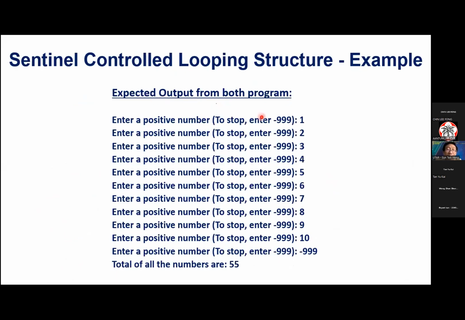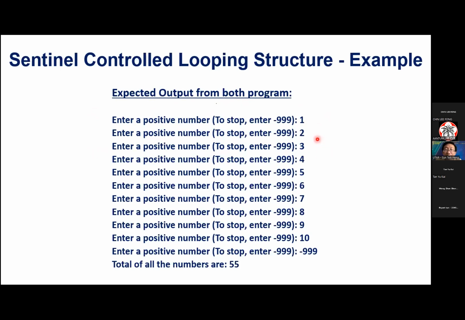For example, the program will output the following. We ask the user to enter a positive number, and the user enters 1. The next time it loops, it repeats: you ask the user to enter a positive number again, and let's say the user enters 2. Because 2 is not the sentinel value minus 999, the loop will repeat again and ask the user to enter a positive number, say 3.